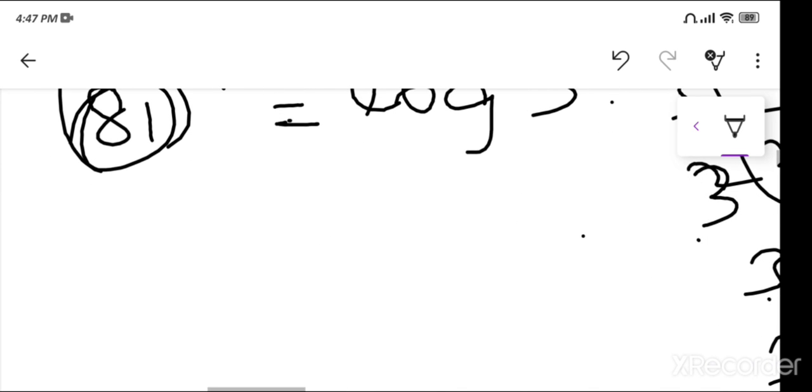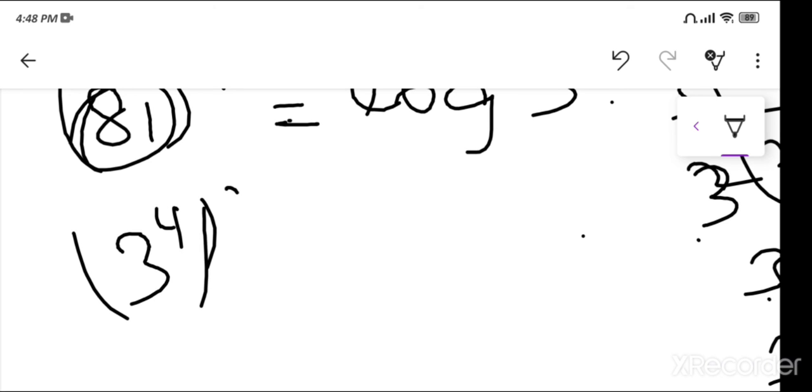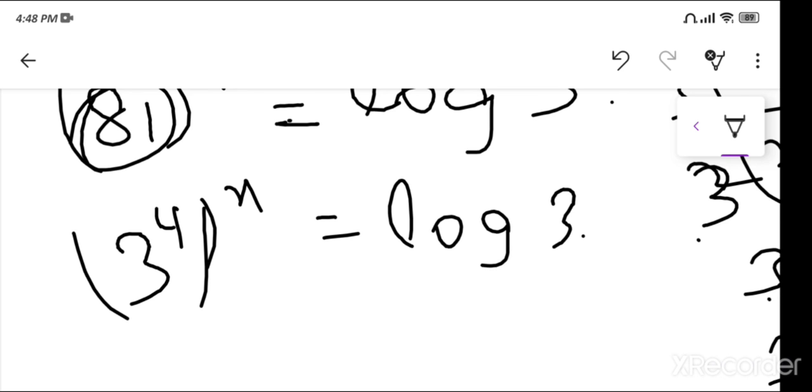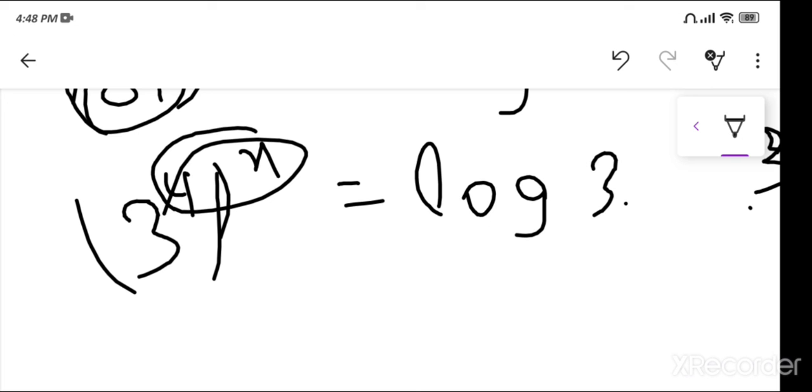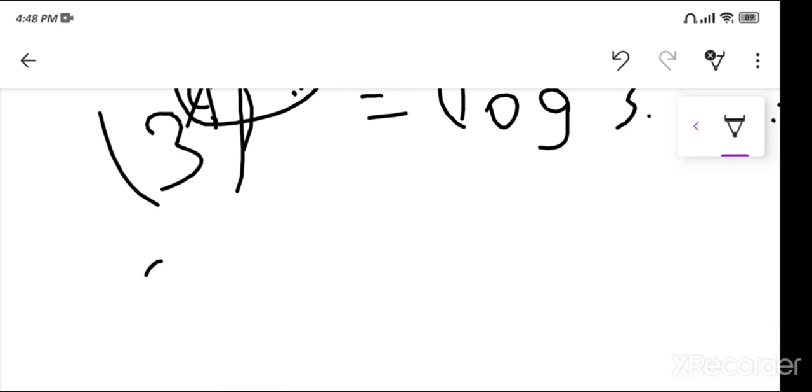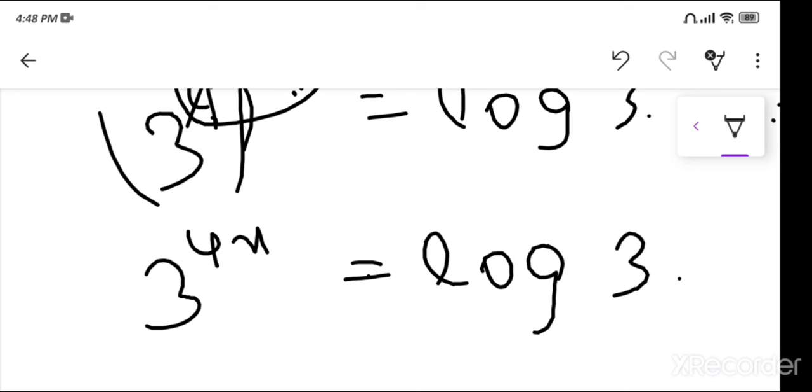Four 3's. So you can write it as 3 power 4 whole power x, log 3. When you write that, multiply the power and the whole power, which gives you 3 power 4x is equal to log 3.